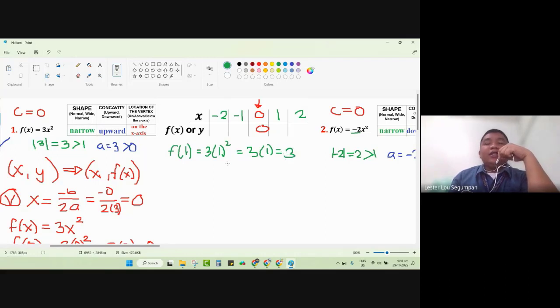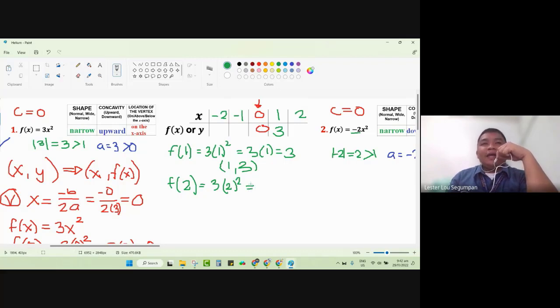In short, the other point that we could use on our graph is the pair of 1, the value of x you used, and 3, the value of f of x or y after substituting the value of 1. So you're going to place it here, 1 and then 3. For f of 2, same thing. So 3 times 2 squared.